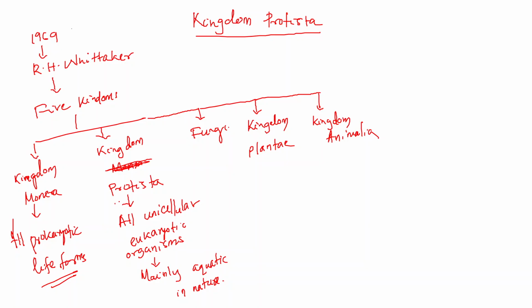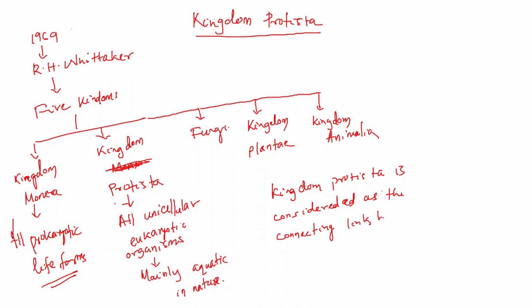So kingdom Protista is considered as the connecting link between prokaryotes and eukaryotes.